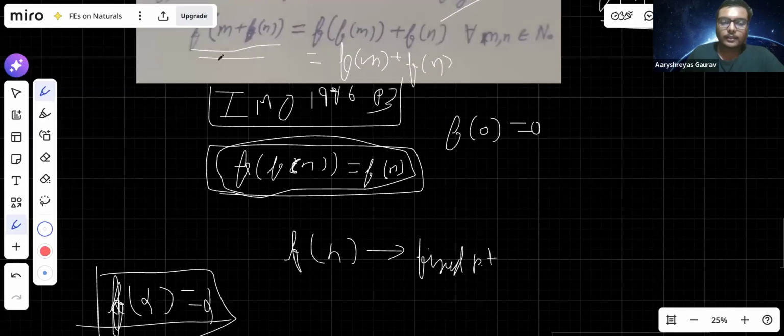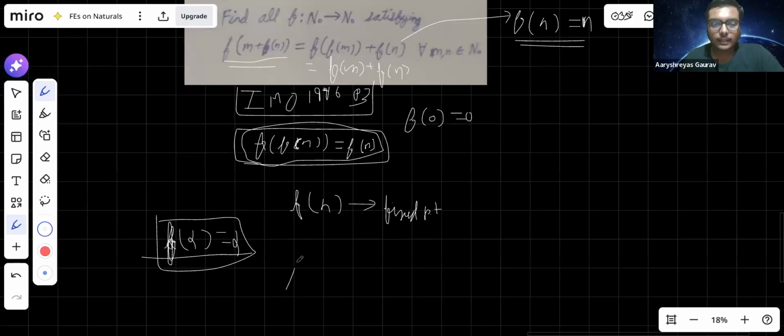Now, if I put alpha in the above equation, if I put m equal to n equal to alpha, then I get f of alpha plus f of alpha, which is also alpha. This is f of 2 alpha. This is the left hand side.